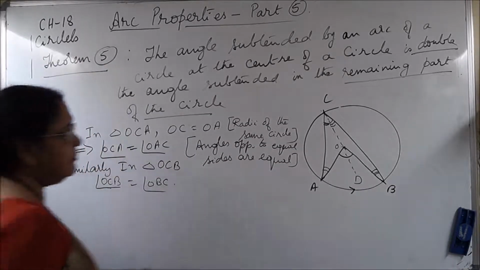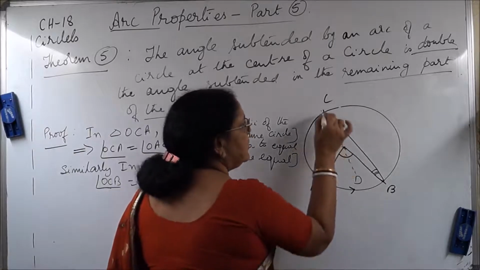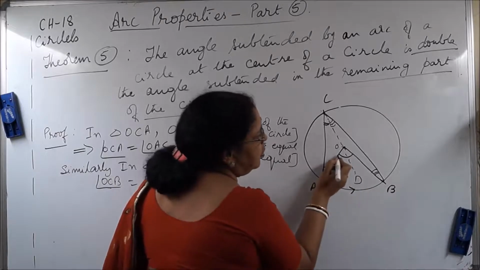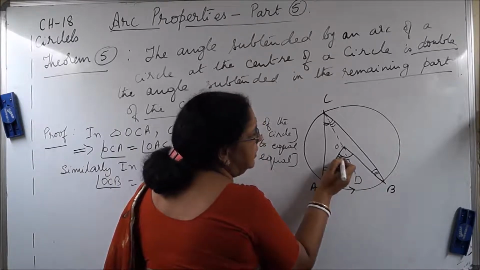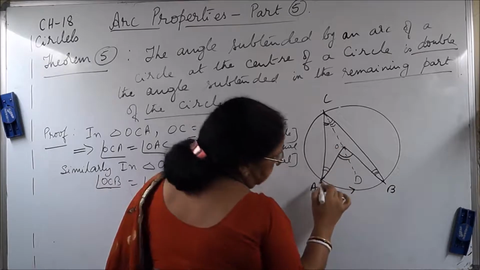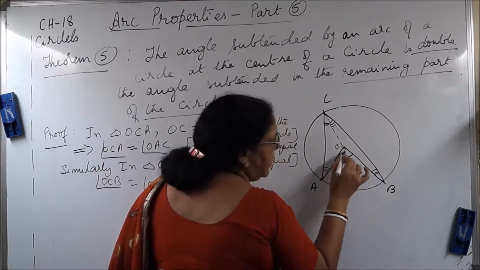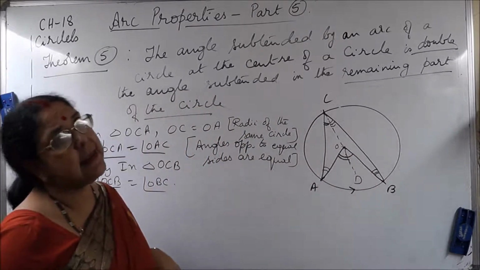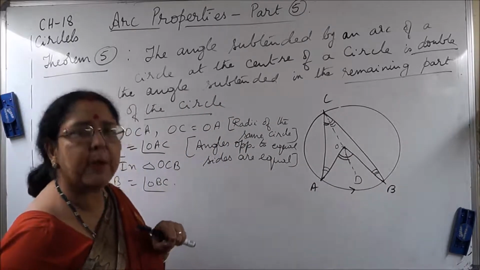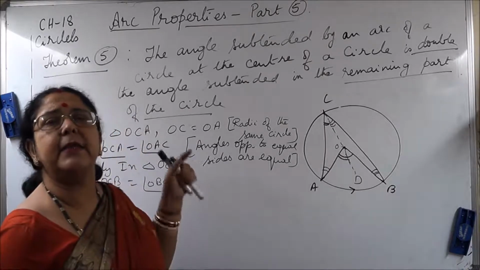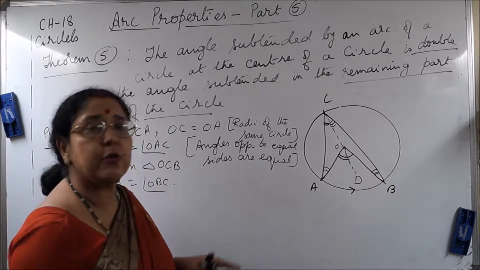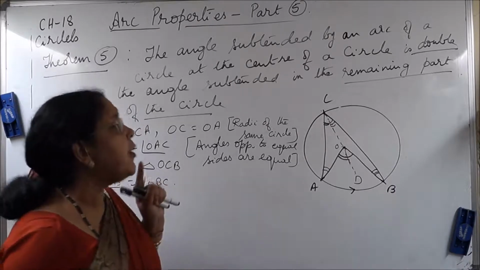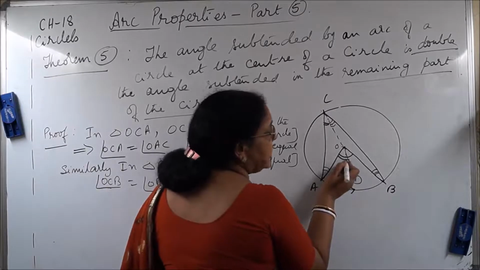Okay. So now, let us consider triangle OCA. Now we have produced OC up to D. So this angle, what is this angle? Angle AOD. Okay, this angle. Can you make out? Now what type of angle it is? It is an exterior angle. So in your smaller classes, you remember the theorem that you have learned. The exterior angle in a triangle is equal to the sum of the interior opposite angles. Do you remember that theorem? So according to that theorem, this is the exterior angle.